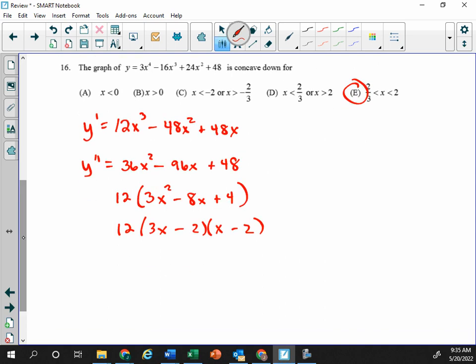Then we're looking at 2/3 and 2 on the number line. If I plug 0 in, I would get negative times a negative. It's going to alternate. And it said, when is it concave down? I put them in the wrong order, obviously. From 2/3 to 2.